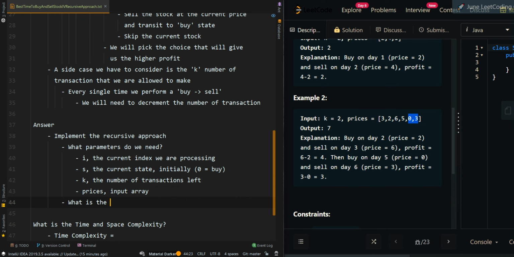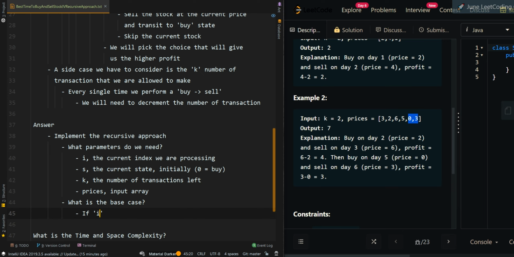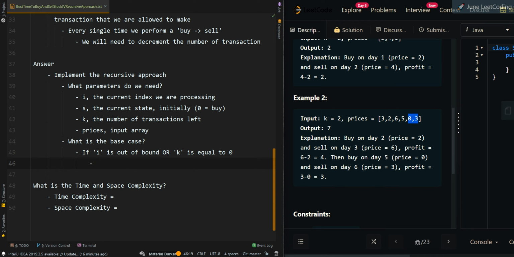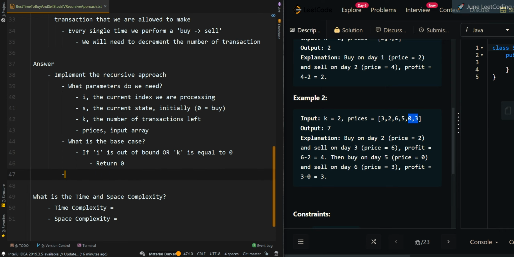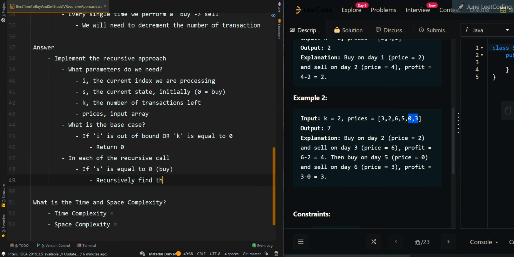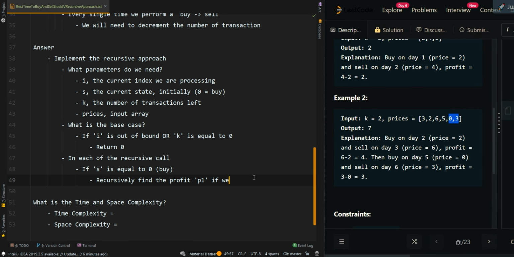Now, what's the base case? If i is out of bound, this means we have no more stocks left, or k is equal to 0, we can perform no more transactions. This means the maximum profit we can get at this point is 0. So we're going to return 0. Then for each recursive call, if the current state is equal to 0, which is our buy, we're going to recursively find the profit P1 if we buy the current stock.